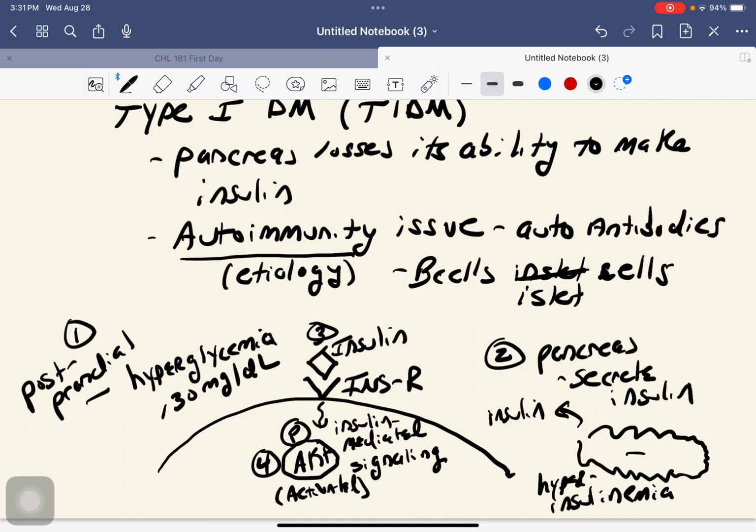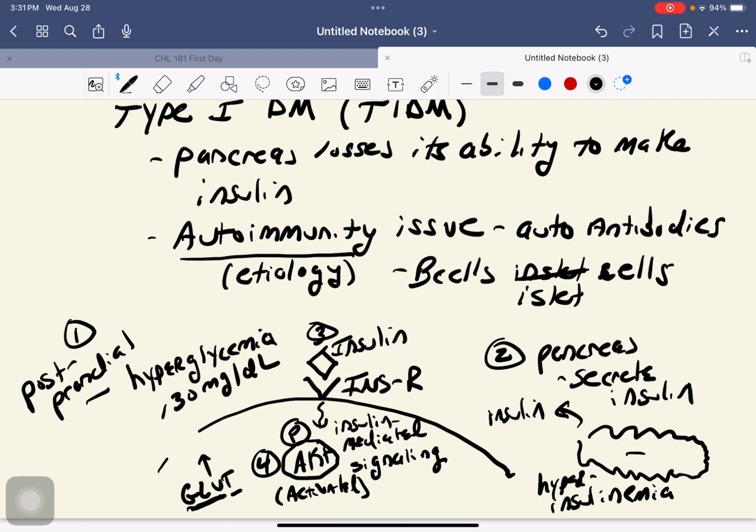And as a result, AKT then communicates to a molecule known as a glucose transporter. So it tells glucose transporters, GLUTs in abbreviation, glucose transporter, to move to the cell membrane.